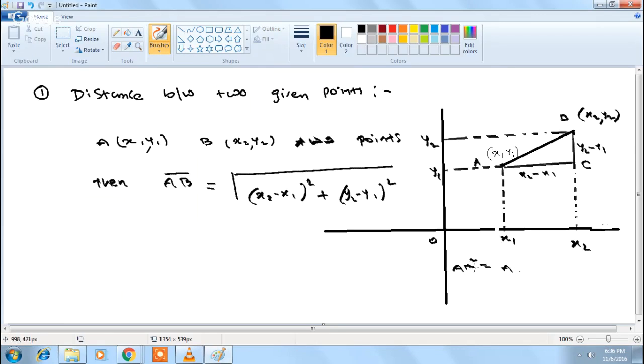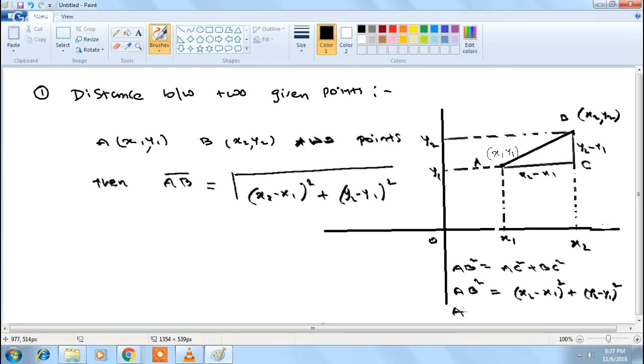AB square is equal to AC square plus BC square. So AB square is equal to AC, that means x2 minus x1 whole square, plus BC, that means y2 minus y1 whole square.